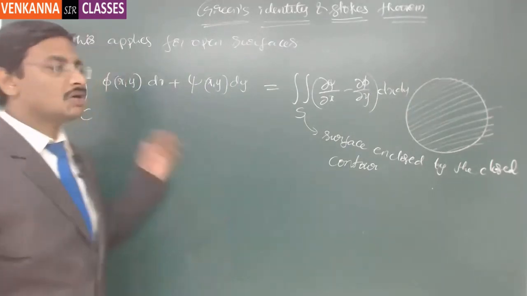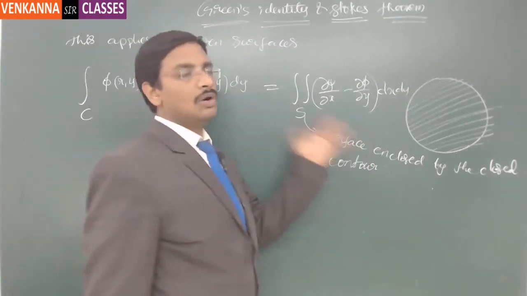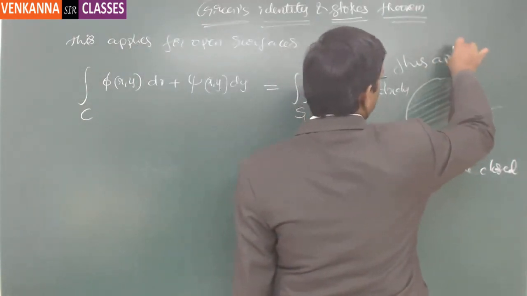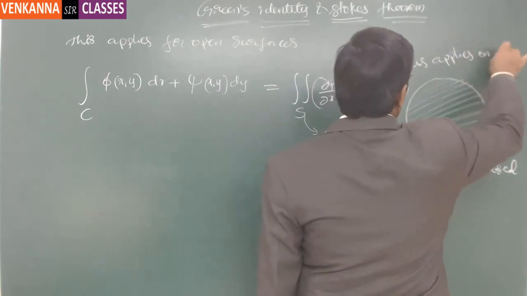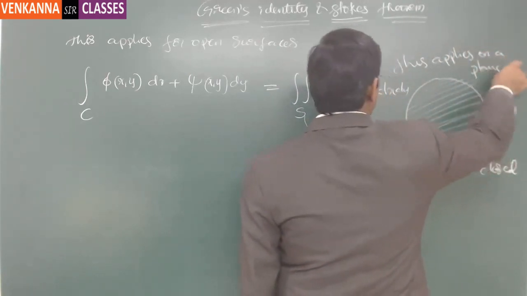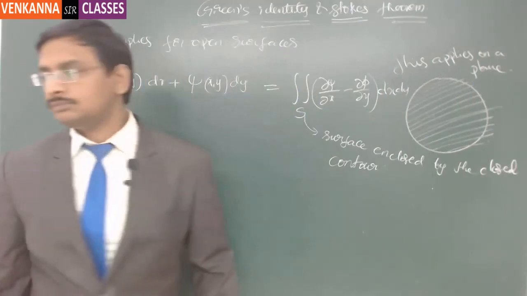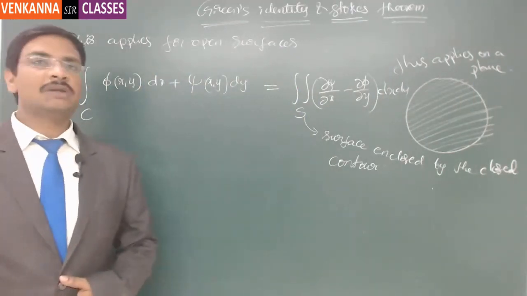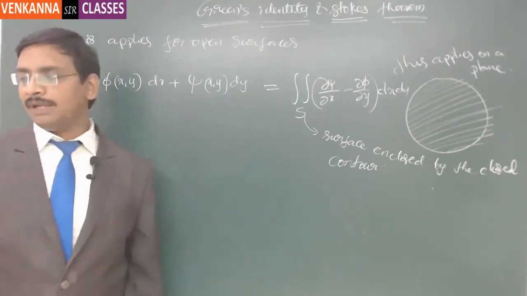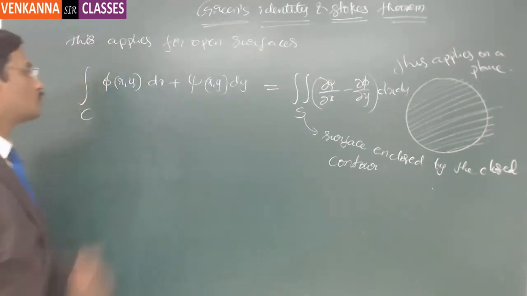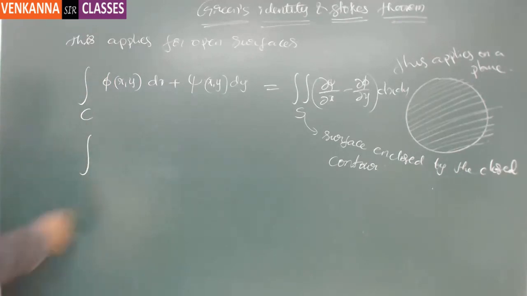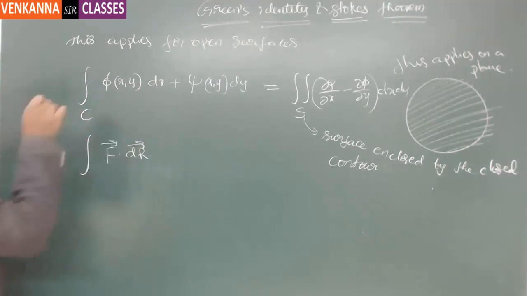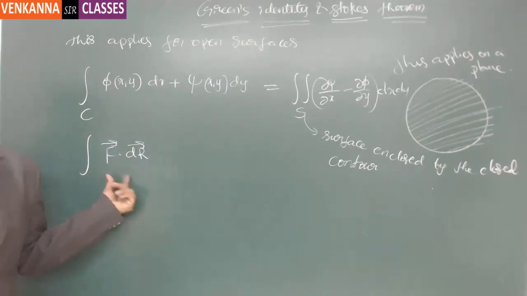Got it? So this talks about a closed contour on a plane. This can be extended even to 3D as well, but in our syllabus we have only the plane. And one more, Stokes theorem, what it says is, suppose there is a function F dot dr, where F is the vector function or vector field.